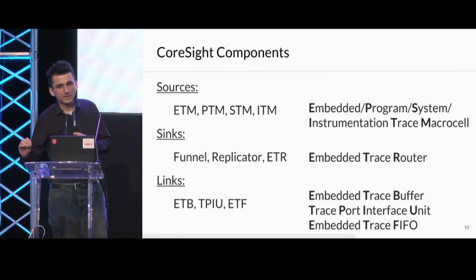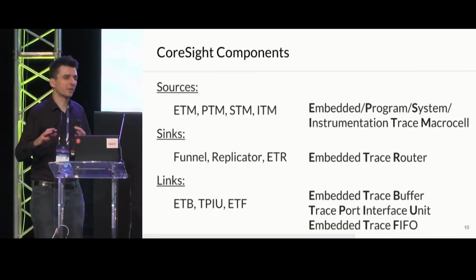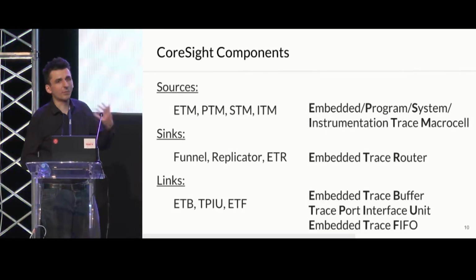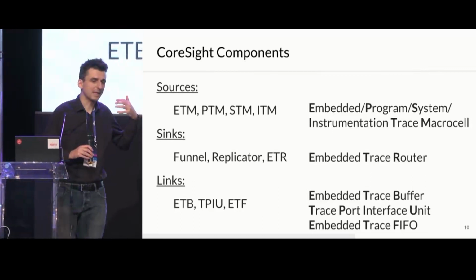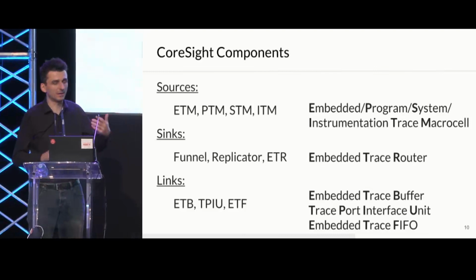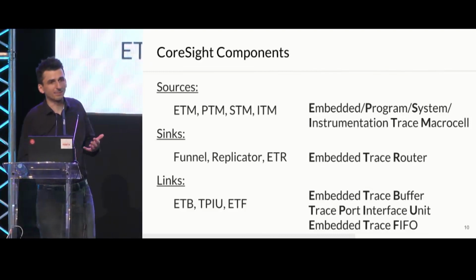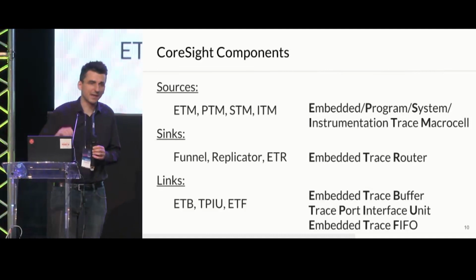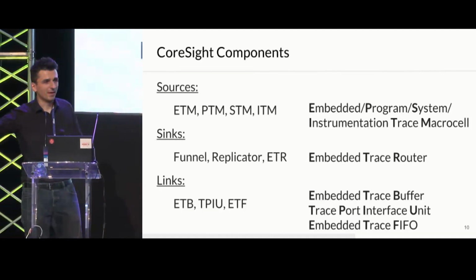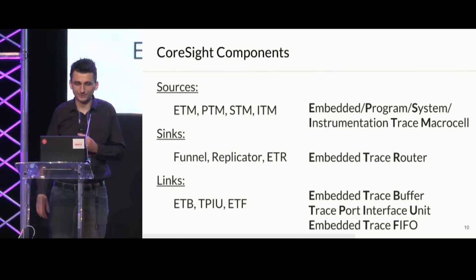There are also System Trace Macrocells and Instrumentation Trace Macrocells, but these are mostly useless because they're basically for when a developer wants to instrument his program himself at build time. So it's like glamorous printf debugging built into the system, where you can have a dedicated port for your printf debugging output.